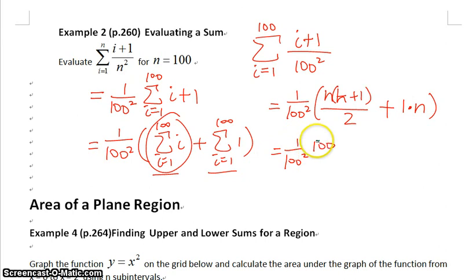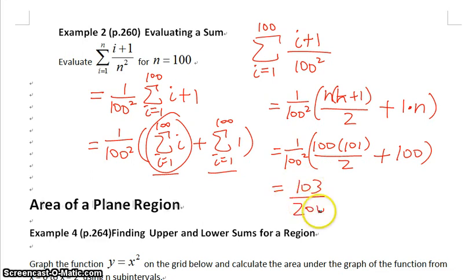So 100 times 101 over 2 plus 100. Then you can just work it out. I think you can cancel one of the 100. You just work it out. At the end, it will equal 103 over 200.